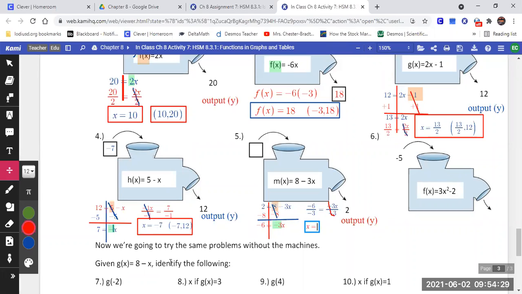X equals 2. So my coordinate pair would be what? Two, 2. Yep.